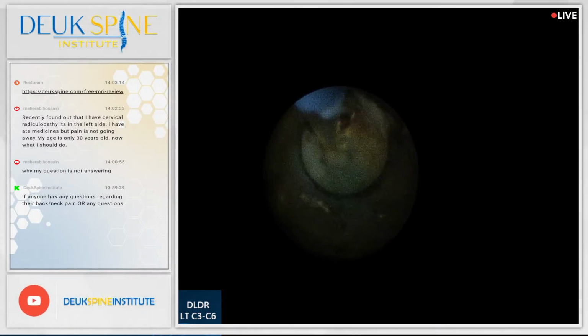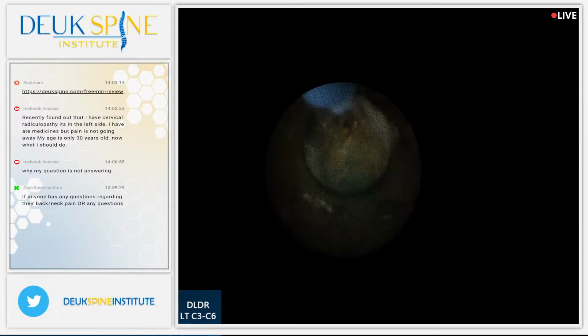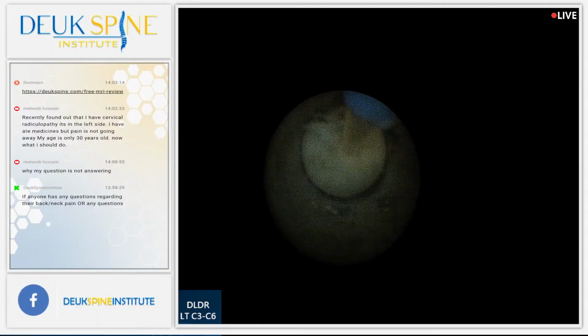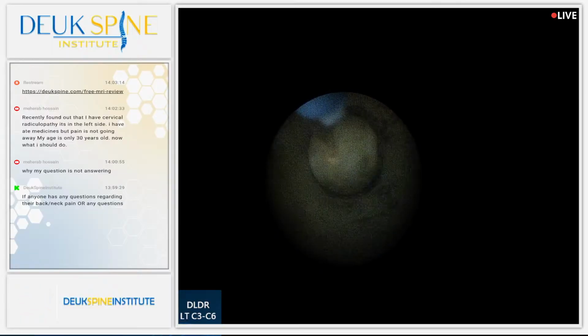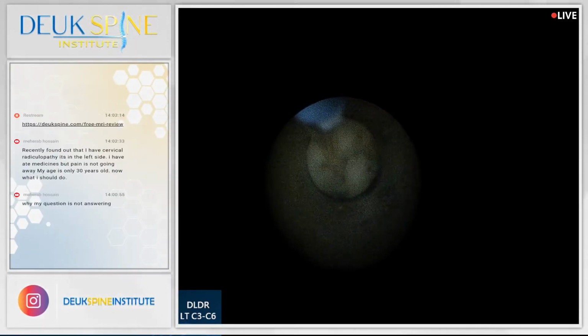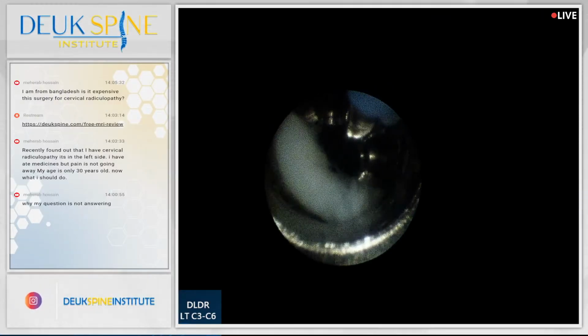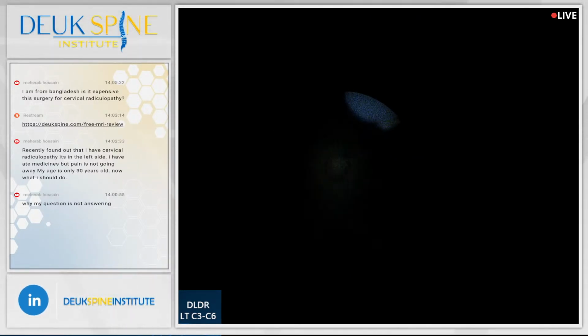All right, just about done with this disc. We're going to move on to the last disc in just a moment. This was a pretty bad herniation. You can see the PLL fibers, another piece of herniation right there. I've taken out a lot of pieces of herniation already.